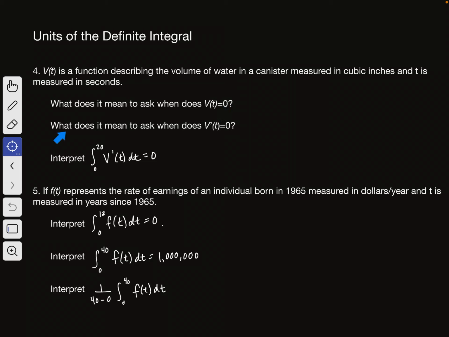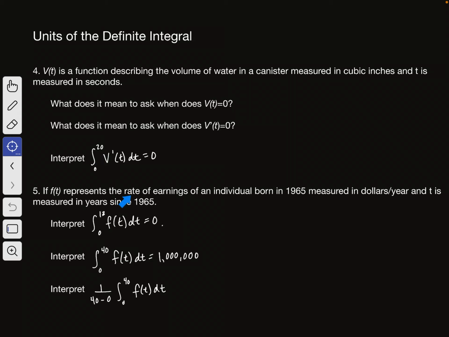And then what does it mean to ask when V prime of t is 0? Well, that's the rate of change, so when that rate of change is 0, when is the volume not changing? And then here, we're looking at the first 20 seconds. During the first 20 seconds, we're looking at the total, the sum of the change in the volume, because remember V prime of t is the rate of change in volume.